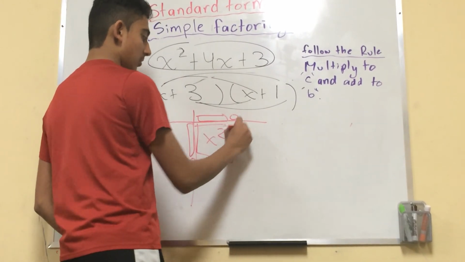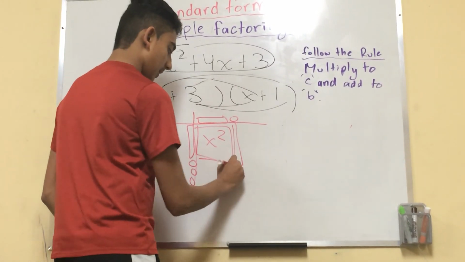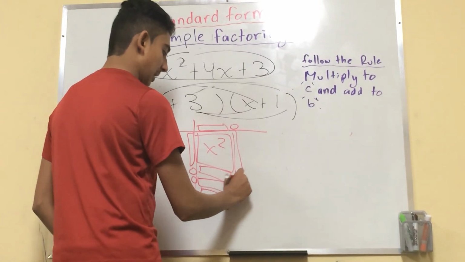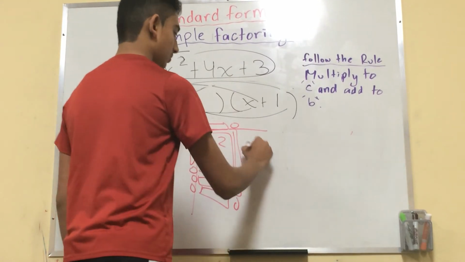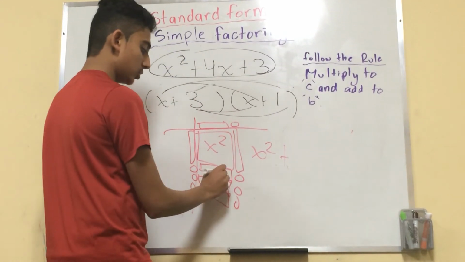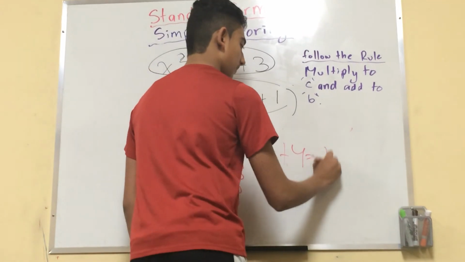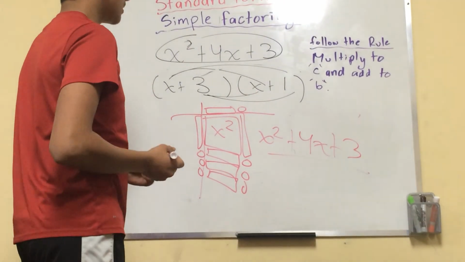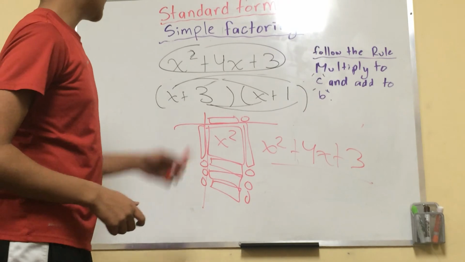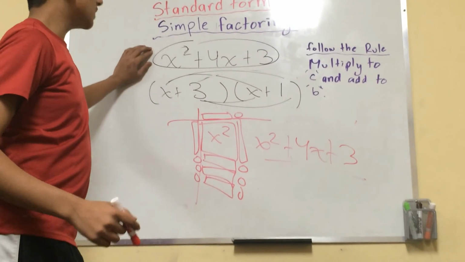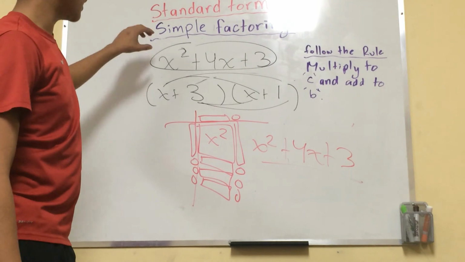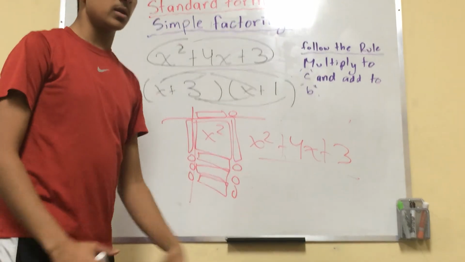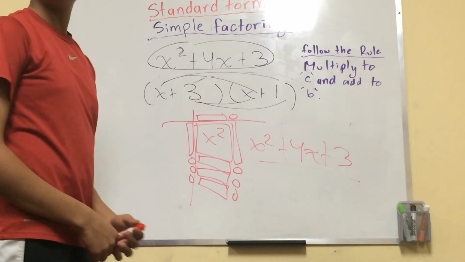You have your x squared tile, and x, x, x, x, and 3 units, which gives you x squared plus 1, 2, 3, 4 x plus 1, 2, 3. This equation is the exact same as this. So this is how you would take standard form, which is a simple trinomial, because it has no coefficient, and turn it into a factored form like x plus 3, x plus 1, and later graph it into a parabola. Thank you.